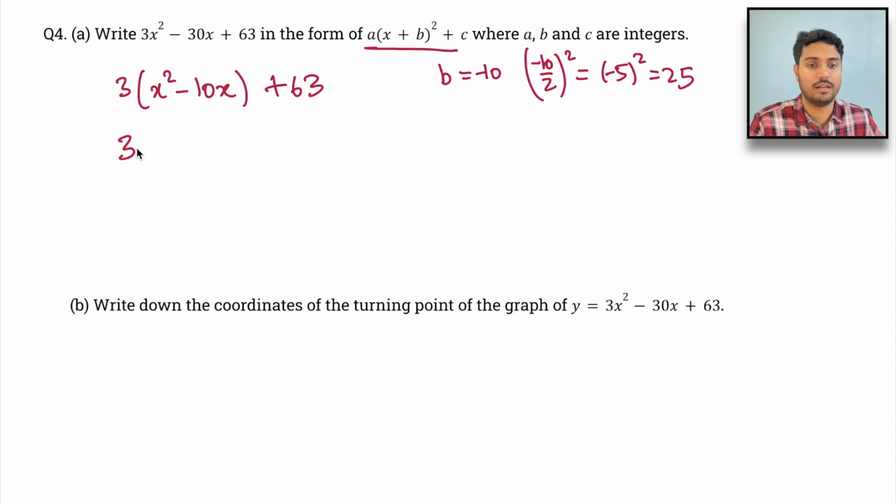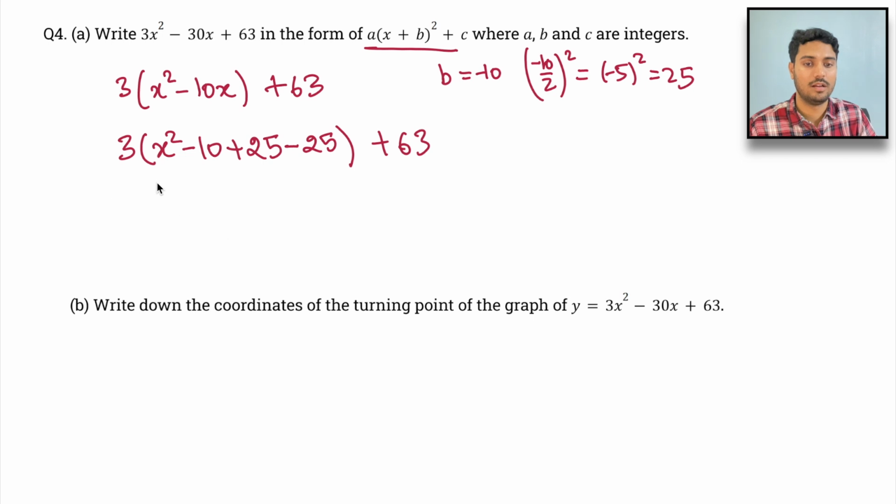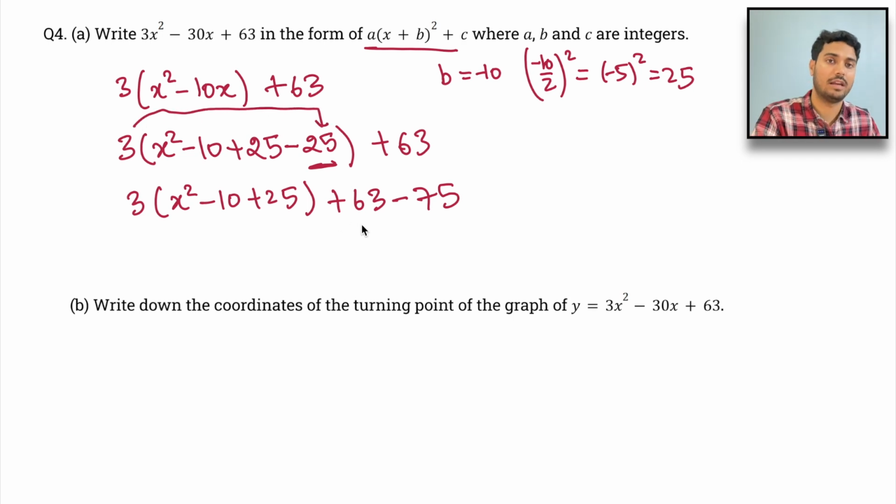So we can write 3 times x square minus 10x plus 25 and minus 25, and additional 63 outside the bracket, and then we can write 3 times x square minus 10x plus 25, and this negative 25 is additional, so 25 into 3, that's 75 with a negative sign, so plus 63 minus 75 outside, because we are multiplying 3 with negative 25, and then we are taking it outside the bracket.